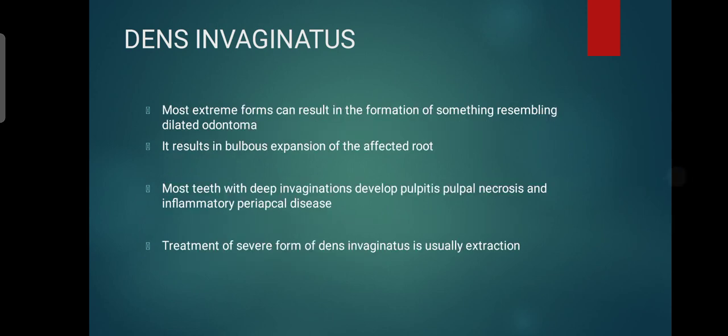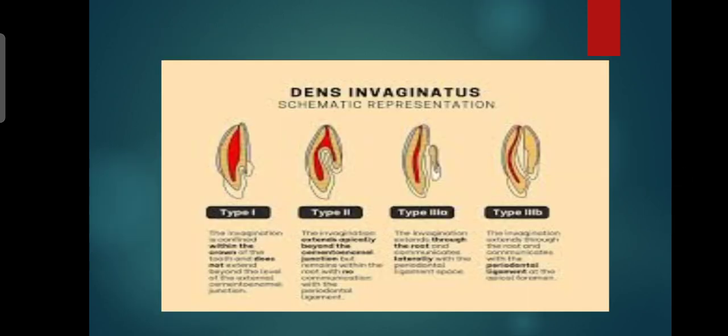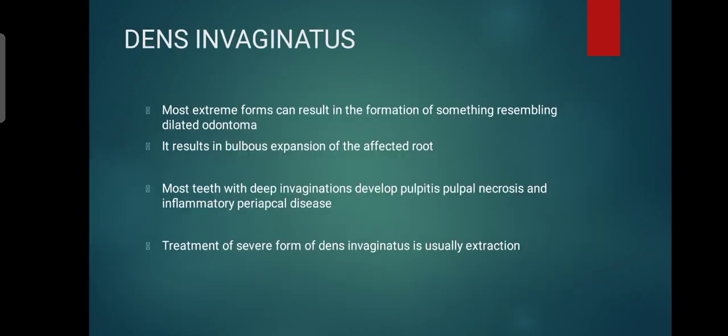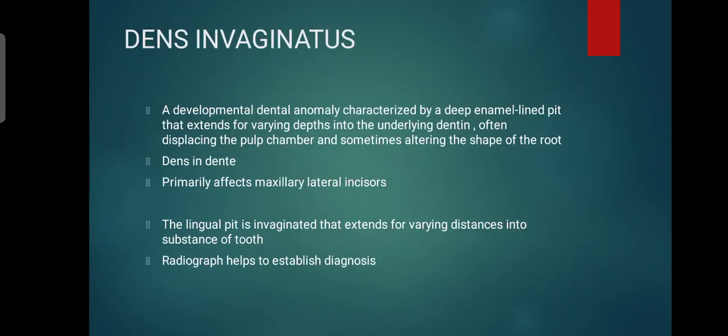You can see a slight pit is formed lingually in the tooth, and it can extend far, and it gives the shape that there's a tooth in a tooth. The extent of the invagination is not always clinically visible. The external pit on the lingual surface is often visible on clinical examination. The extent is never visible on clinical examination. It can be visible in a periapical radiograph.